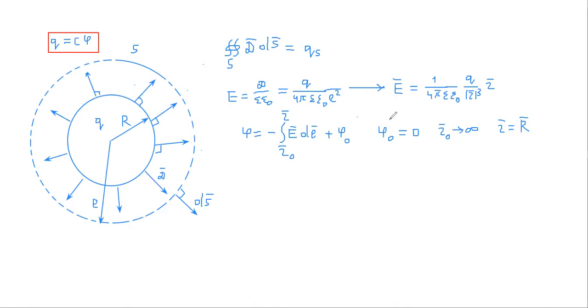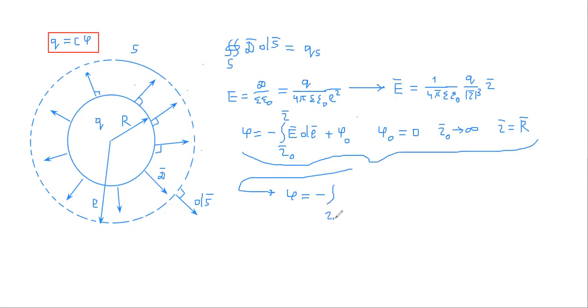And from here we have that phi is equal to minus the integral from r0 to r of E dl plus phi 0, and it is equal to minus the integral from infinity to r of E dl.